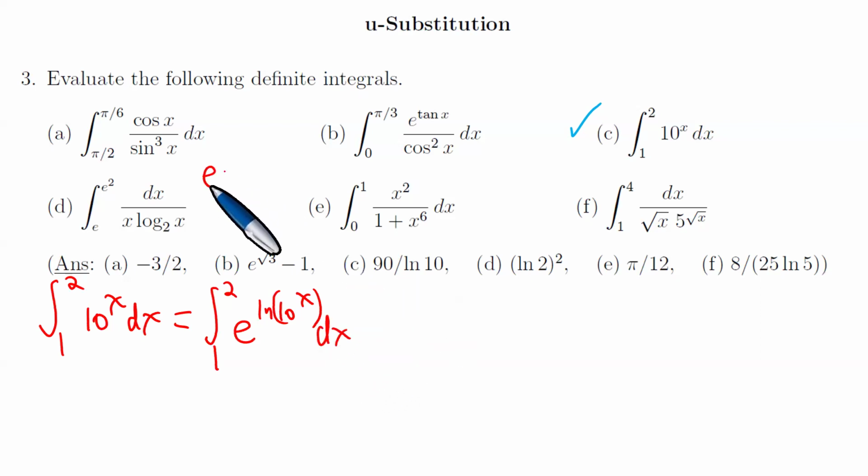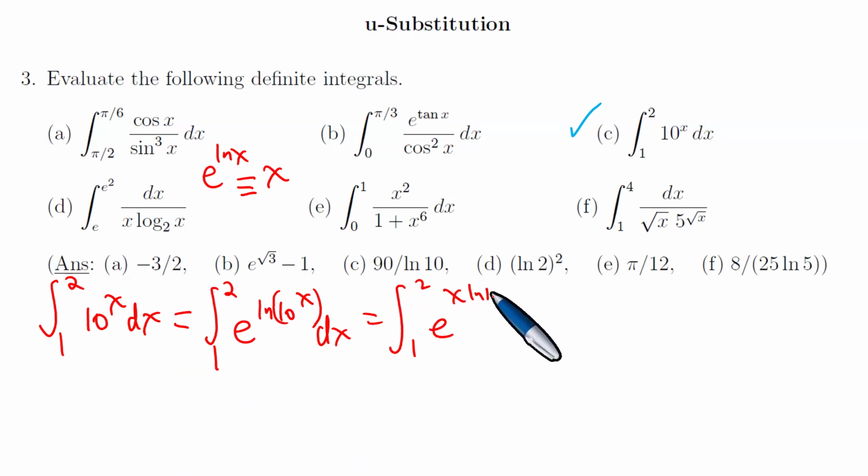Because in mathematics we know that e to the ln of x is just x, so e to the ln of 10 to the power x is 10 to the power x, because the e cancels the ln, leaving us with only x, and we use the same rule. Next, we have the integral from 1 to 2 of e to the power x ln 10 dx.